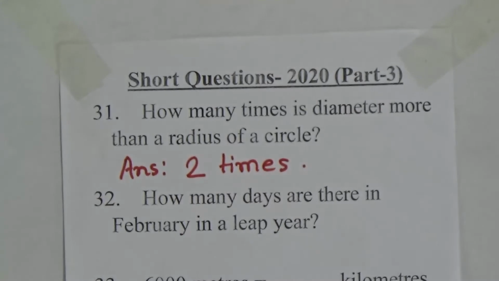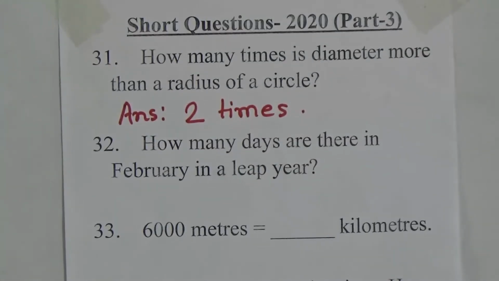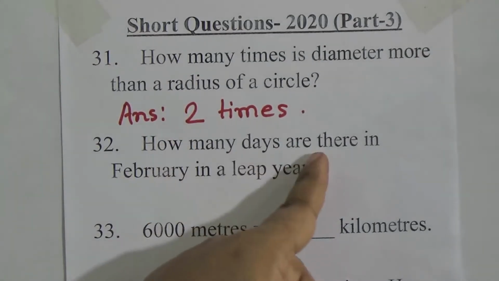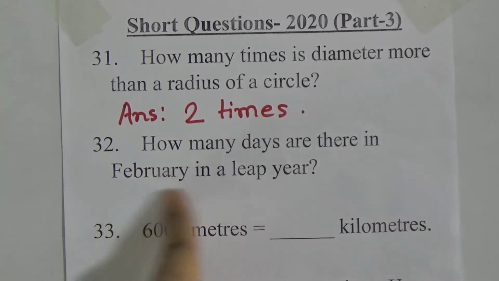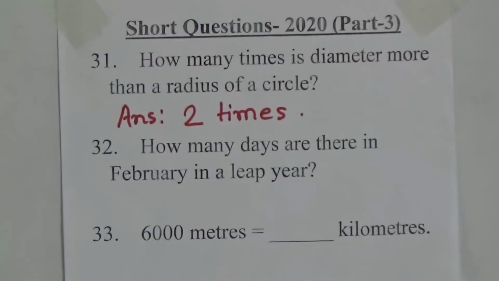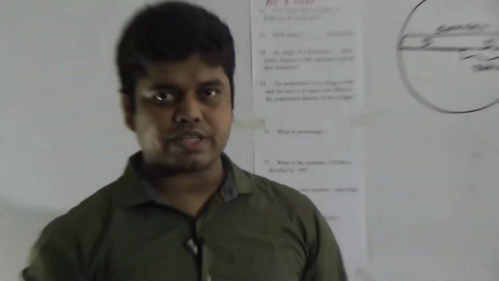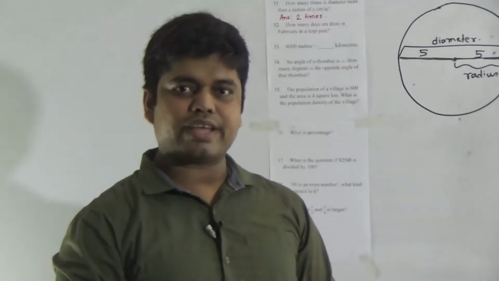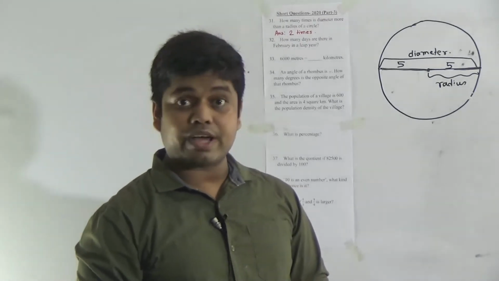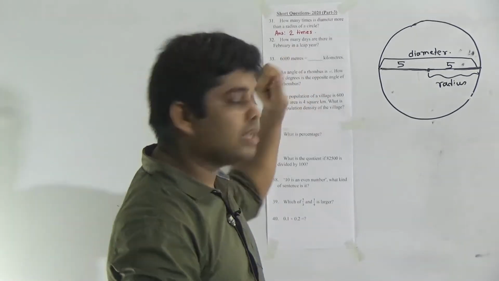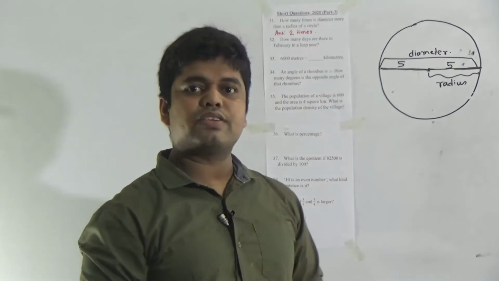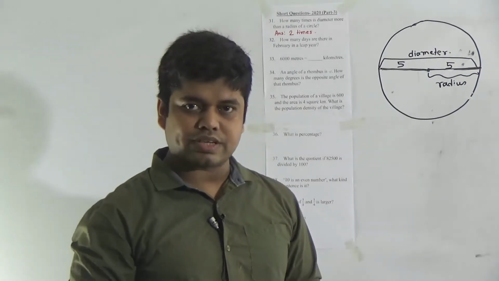Next, question number 32. Notice, how many days are there in February in a leap year? We know that every year has 365 days, but in a leap year there are 366 days.